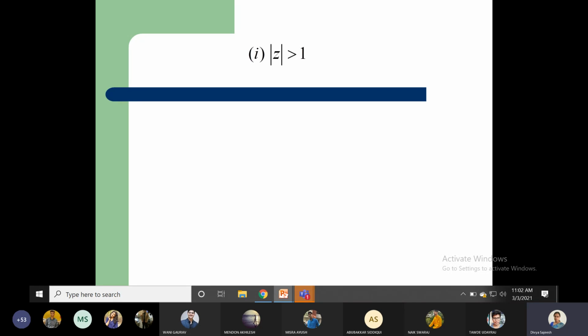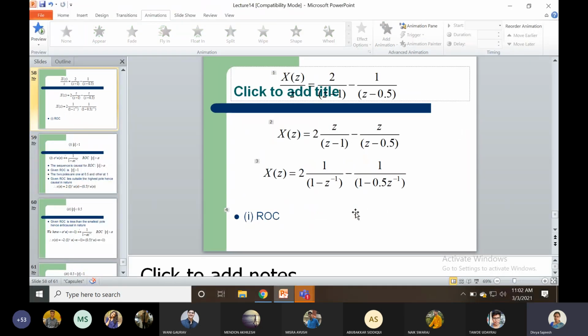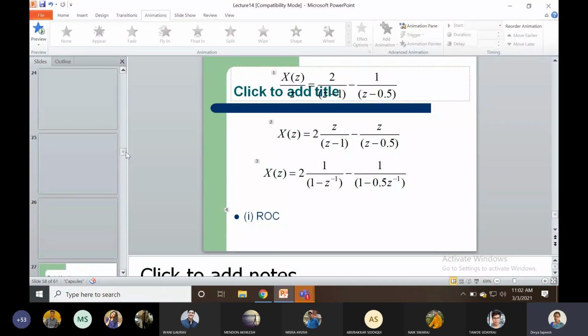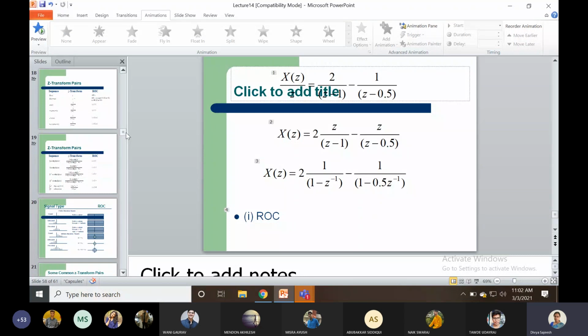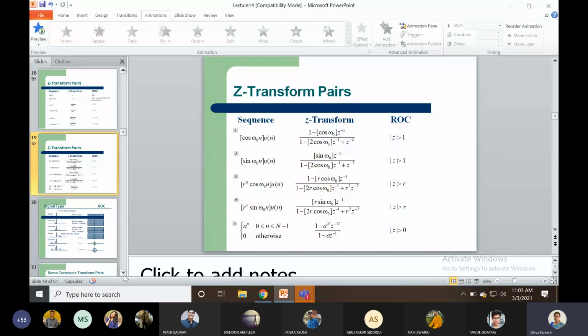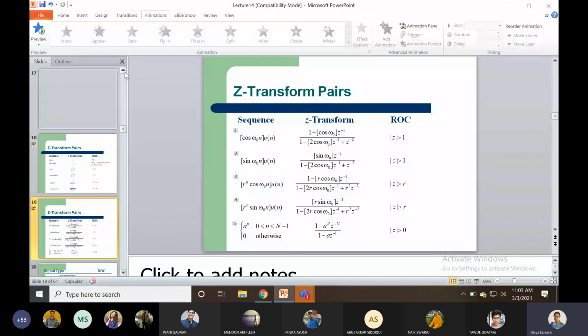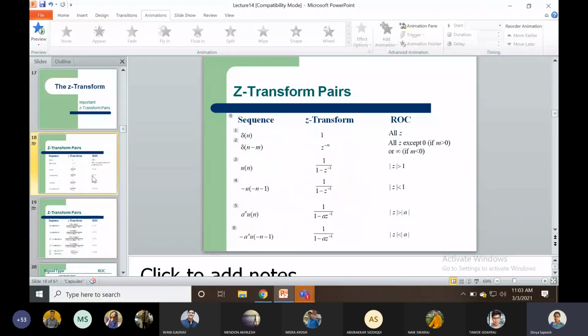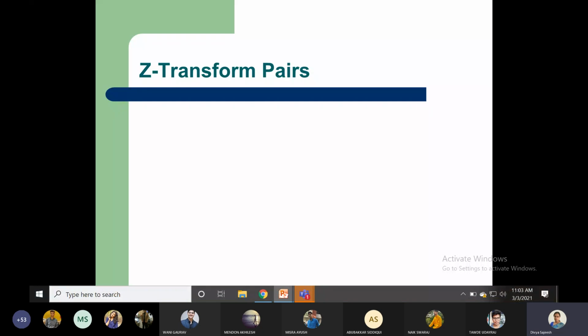Even though the Z transform is the same, let us go back and see that table, then things will be clearer.